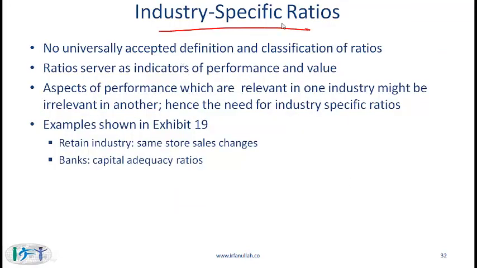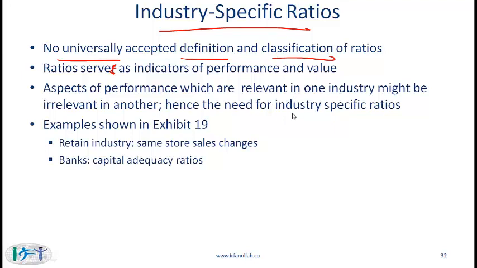Industry specific ratios. Some high level remarks over here. As has been mentioned before, there is no universally accepted definition or classification of ratios. Ratios simply serve as indicators of performance and value. Now, there are aspects of performance which are relevant in one industry but which might be completely irrelevant in another.